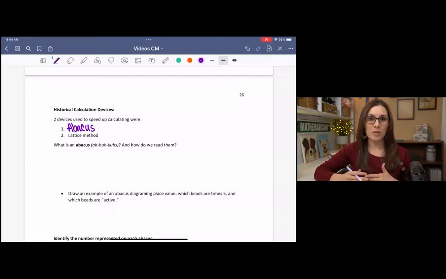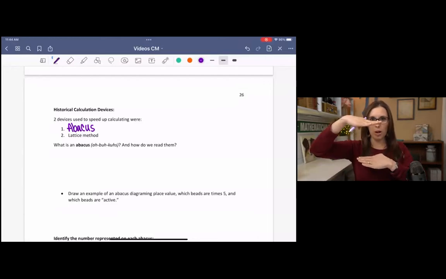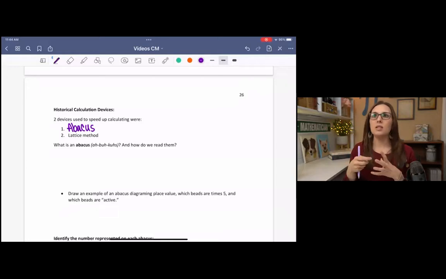One of those things was an abacus, and an abacus kind of looks like a child's toy to us now, but it's got metal bars and wooden beads with two wooden bases basically, and they used these devices to represent numbers, and then they use those to do calculations.